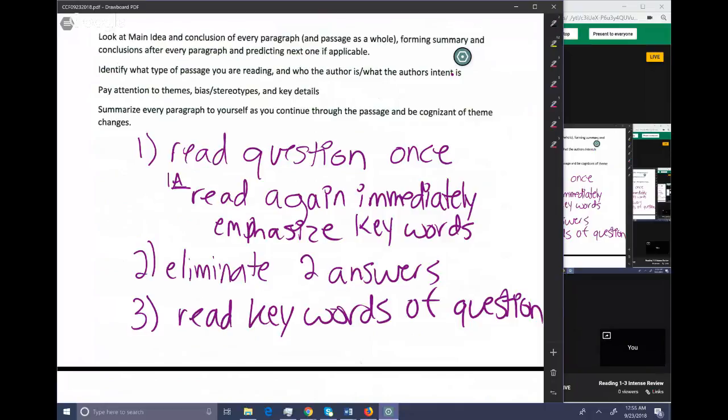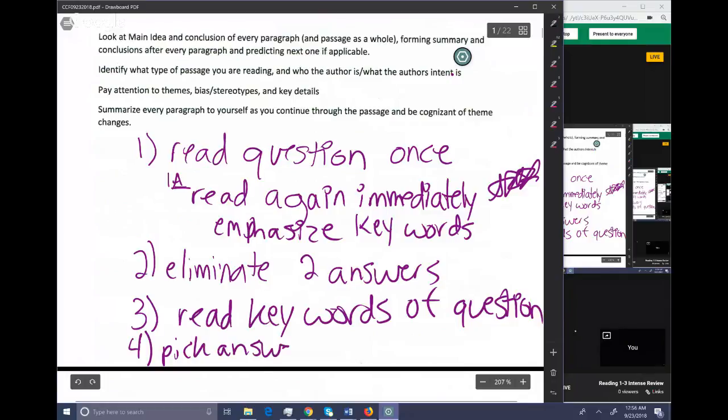So there could be 2 things that are very good logical conclusions that you could definitely come up with having read the passage, but one of them might be a logical conclusion overall from the whole thing, from the main idea, and the other might be more of a logical conclusion from the third paragraph. So you always read your keywords again, and you're glad that you did it right here because now you know what they are and you've already got that ready to go. Then you pick the answer that satisfies the keywords.